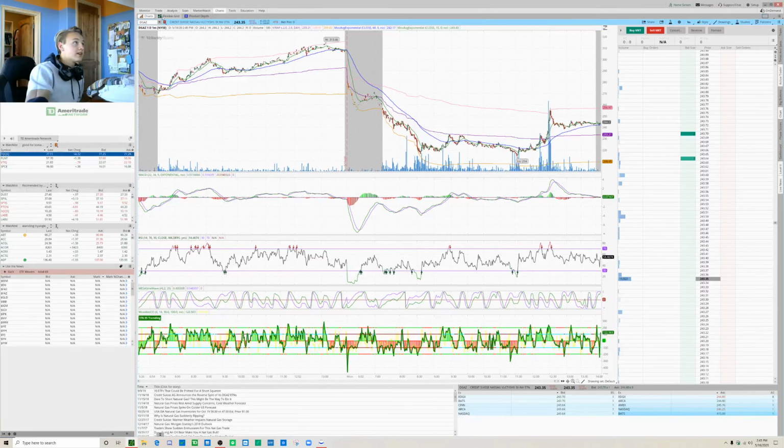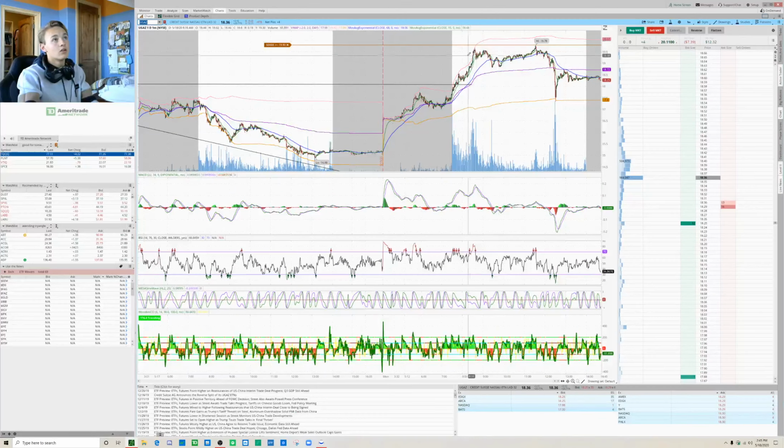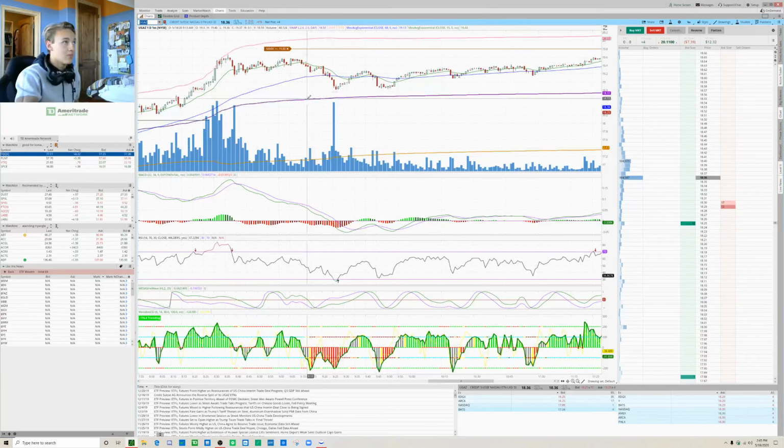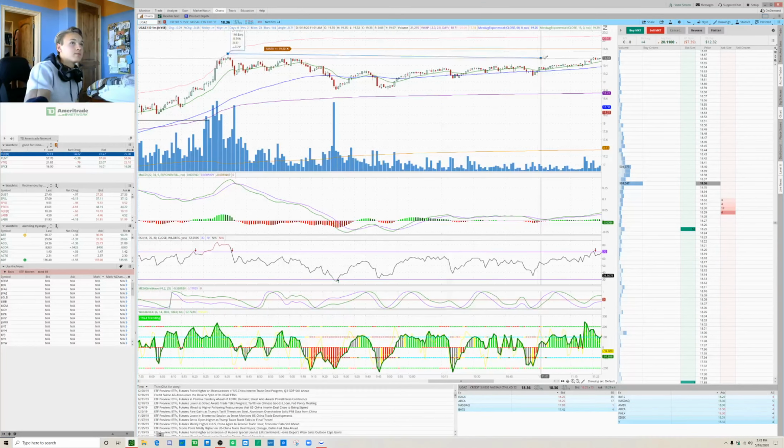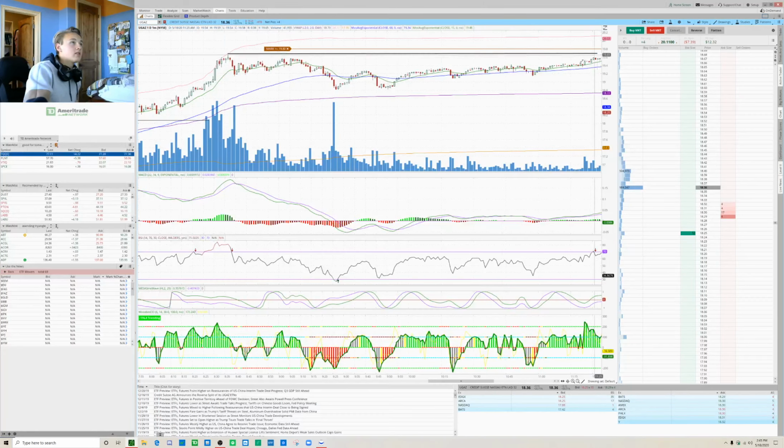Now on UGAZ, it looked like this. It hit the middle VWAP, or it touched it a little bit, and there's a pretty big margin. And then a bounce back is where you can see the previous high. That's the previous high, basically.